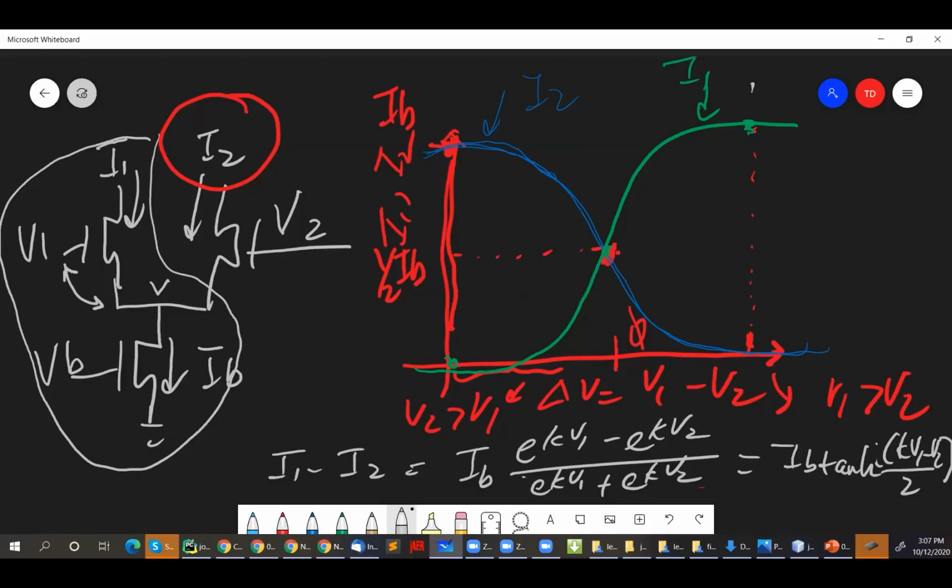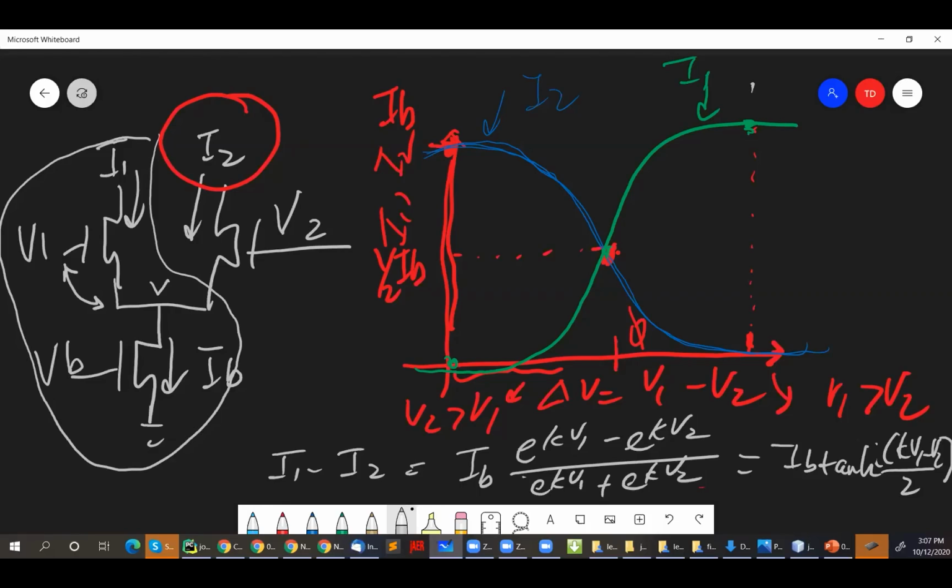Yeah. So this is just an equation that describes the difference between the two currents as a function of V1 minus V2. So it's saying that if I keep V1 as the reference and I move V2, then depending on the difference between the two voltages, the difference between the currents also changes as a function of a tanh.